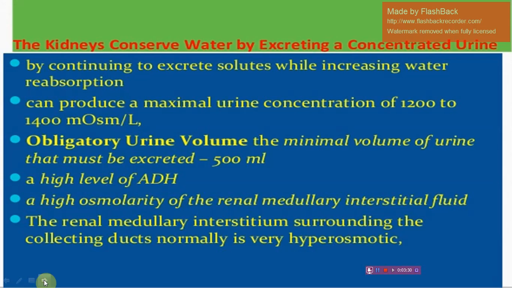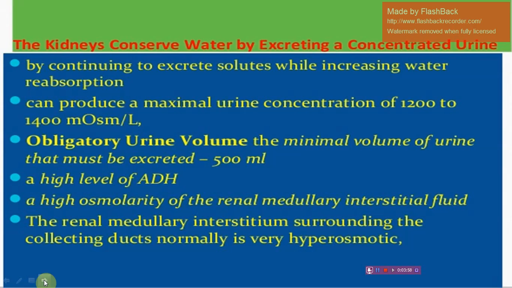The kidneys conserve water by excreting a concentrated urine. By continuing to excrete solutes while increasing water reabsorption, they can produce a maximal urine concentration of 1200 to 1400 milliosmol per liter. Obligatory urine volume, the minimal volume of urine that must be excreted, is 500 ml.